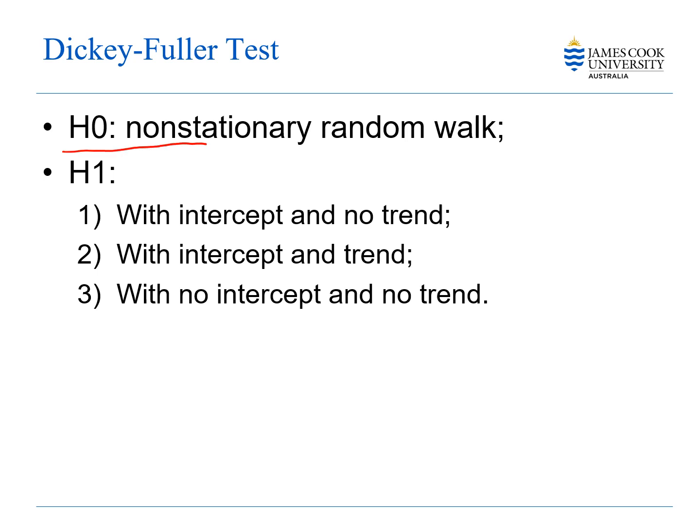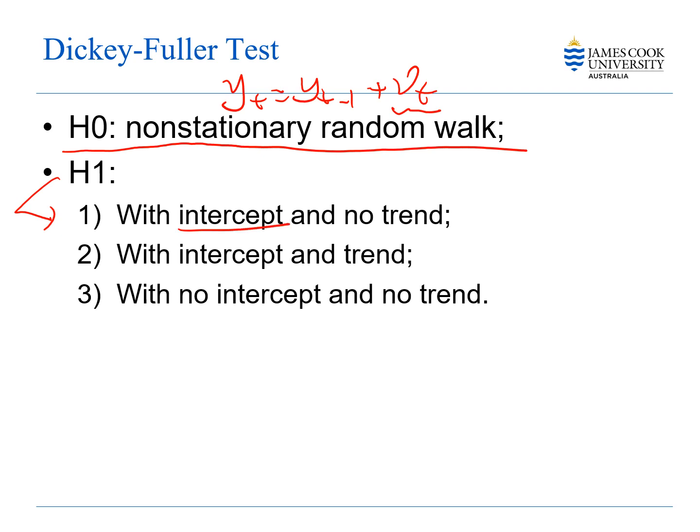The null hypothesis is non-stationary random walk, so y_t will be equal to y_{t-1} plus v_t, where v_t presumably should not be autocorrelated. In contrast, there could be 3 possible alternatives. That means we have 3 possible tests: with intercept and no time trend, with intercept and trend, and with no intercept and no trend. Okay, let's go through them.